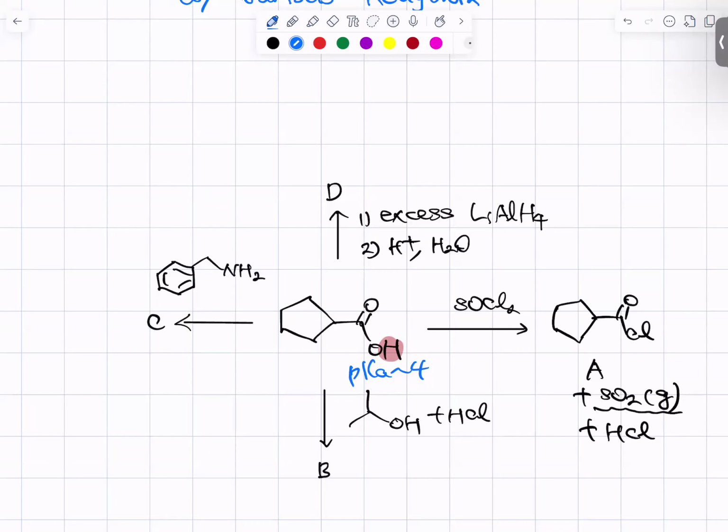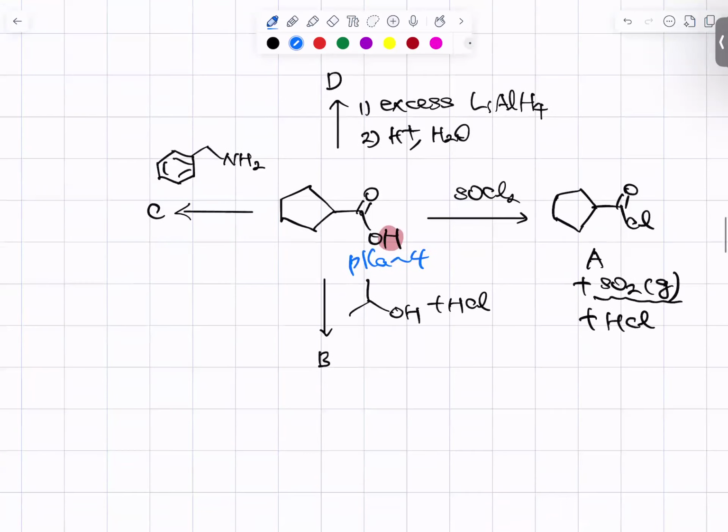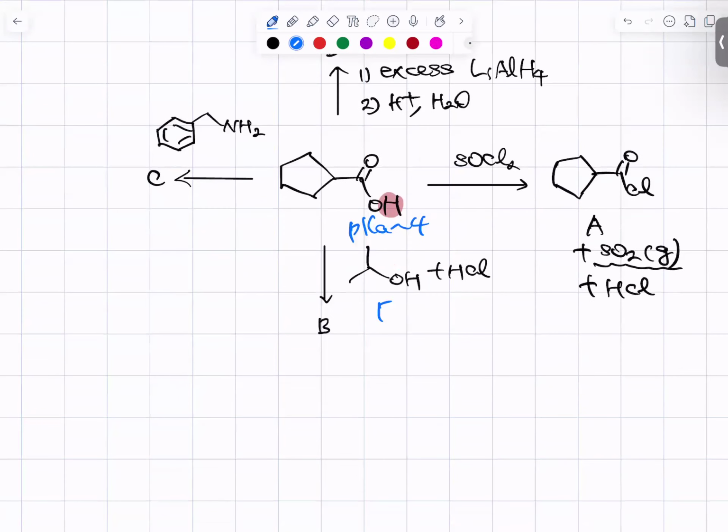So remember, the carboxylic acid pKa is around 4. Among organic acids, this is the most acidic. Second is Fischer esterification. When you have an alcohol in acidic condition, this is Fischer esterification. Fischer esterification is very important. Please know how to draw the mechanism and how to figure out the structure. Then the product will be an ester.